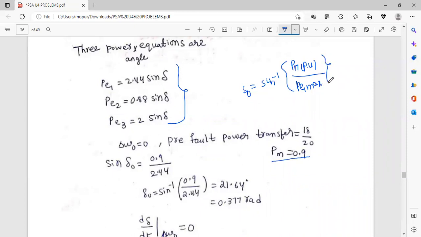So you need to find the value of PM per unit, 0.9 we got, and then we find the value of del naught.